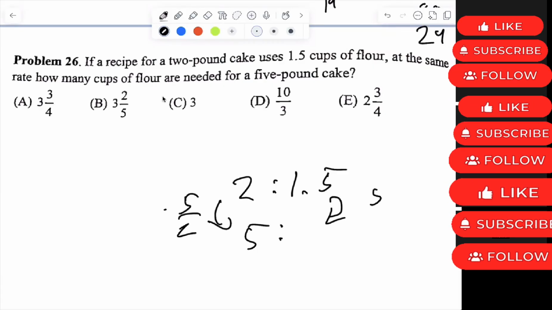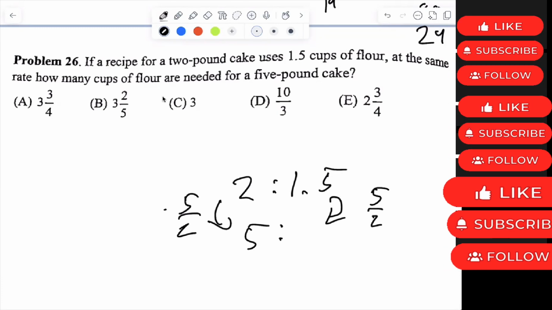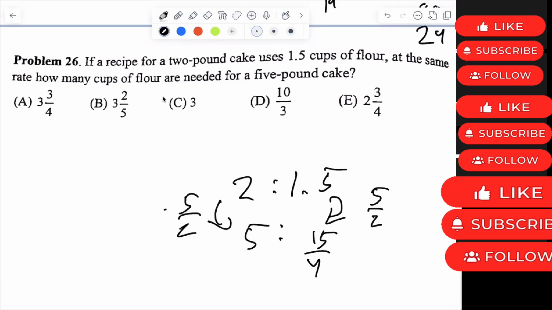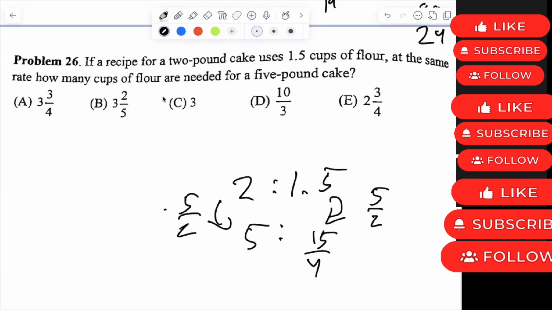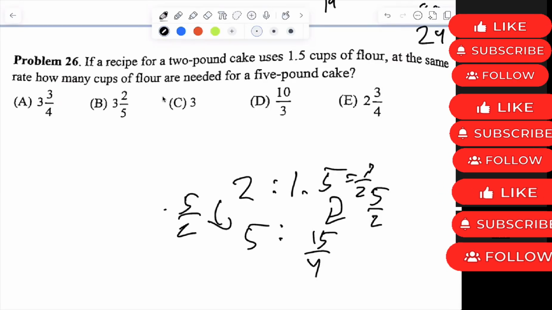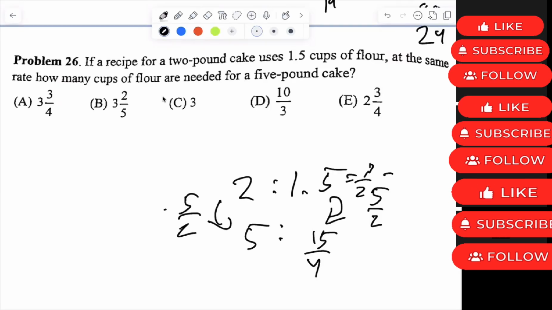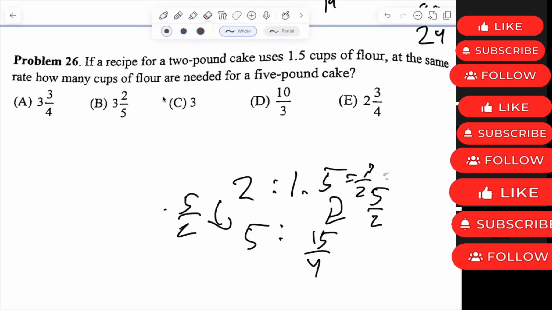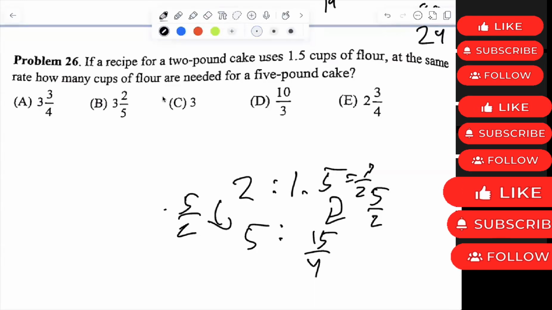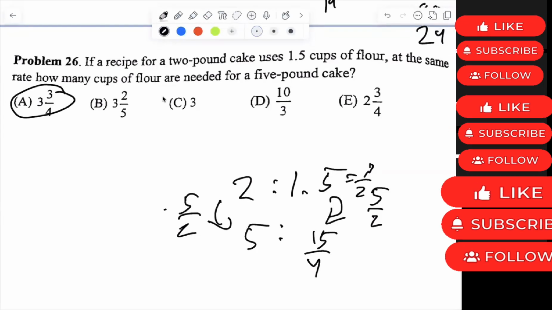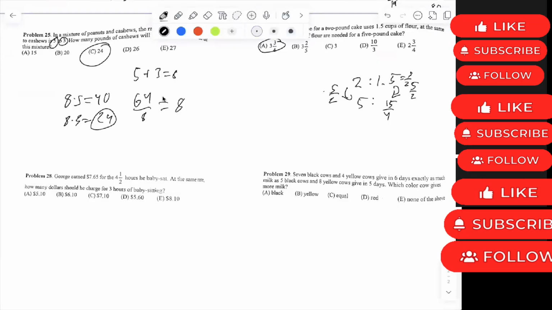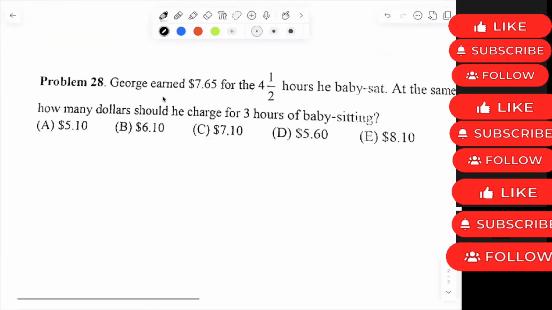Similarly for this, you multiply by 5 halves. Since 1.5 is just 3 halves, multiplying this together gives you 15 over 4, or 3 and 3/4, or A, right?